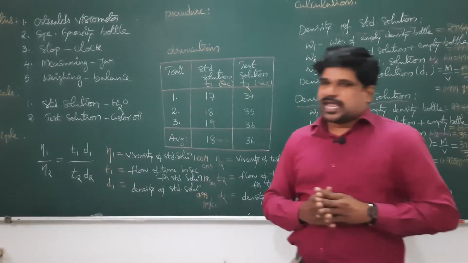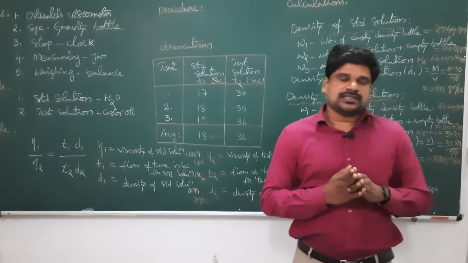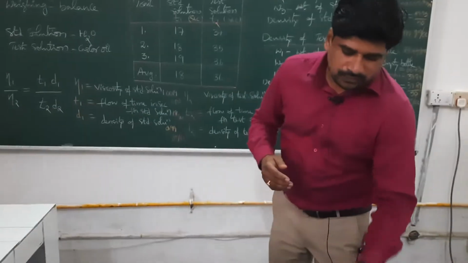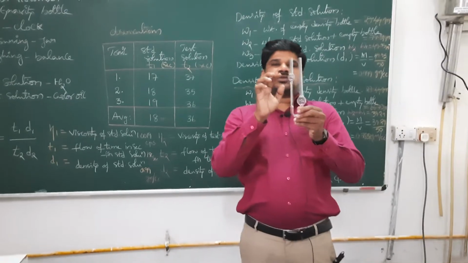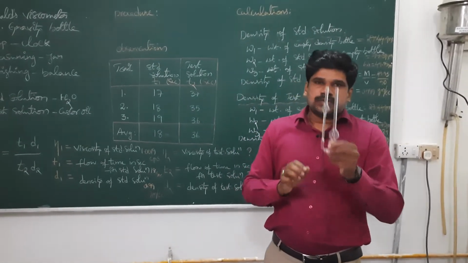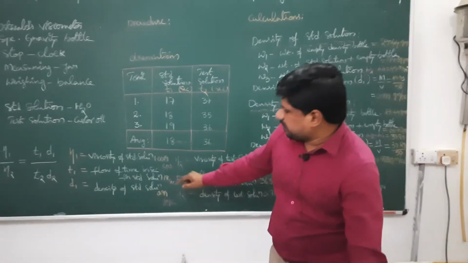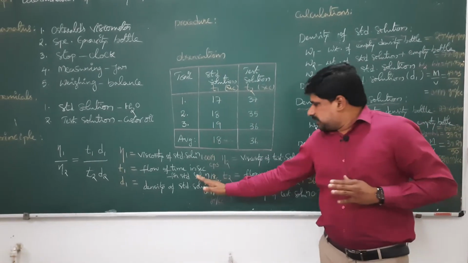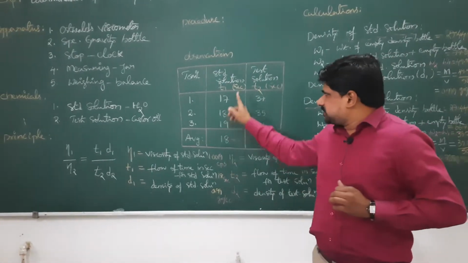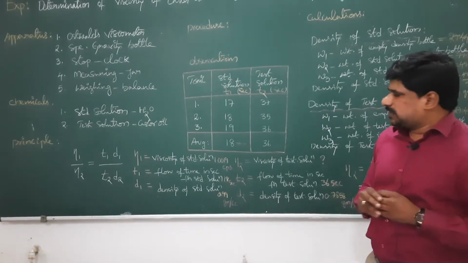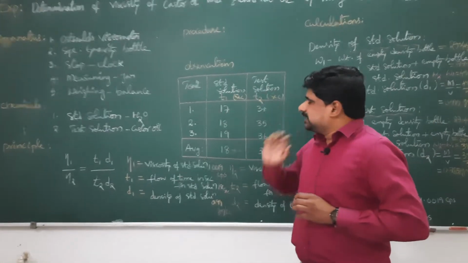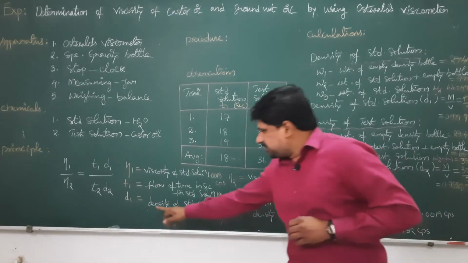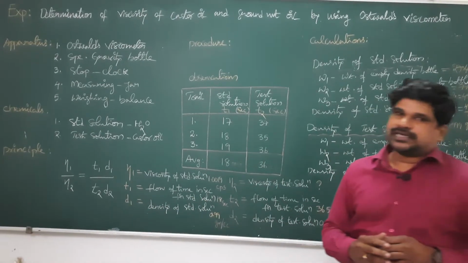T1 is the time taken to flow the water from mark A to mark B in the viscometer, measured in seconds. And D1 is the density of the standard solution.